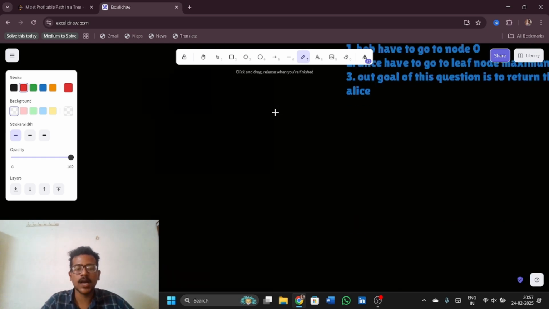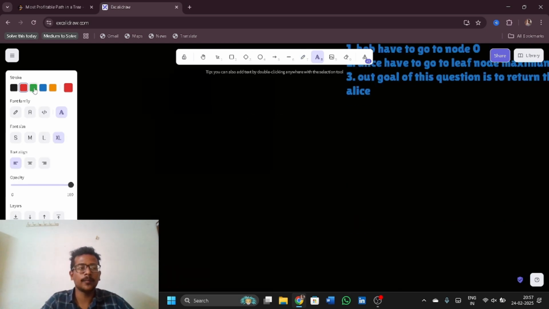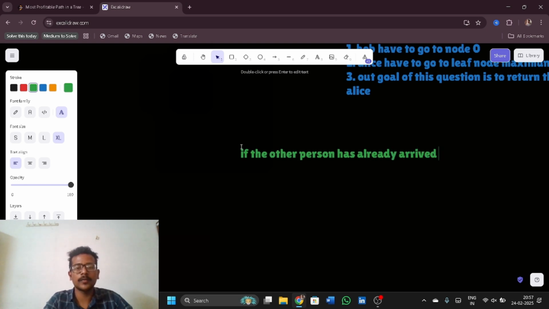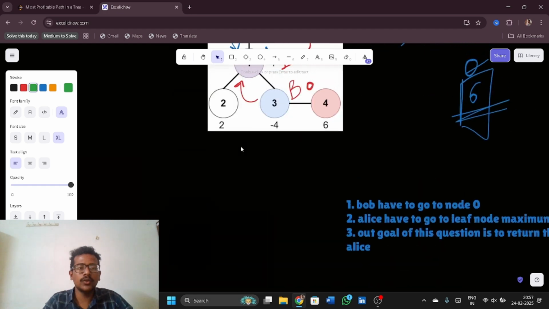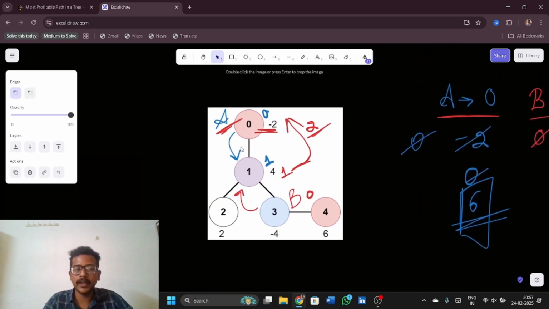So my observation will be, if the other person has already arrived, then there is no need to add the value. But how do we know that? To know it, we need to do one thing. We need to go through a traversal.